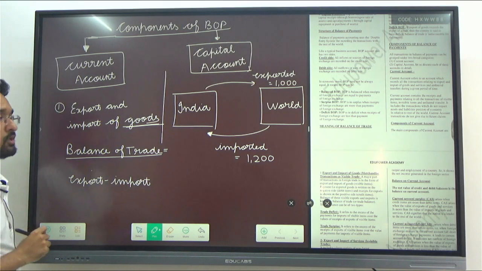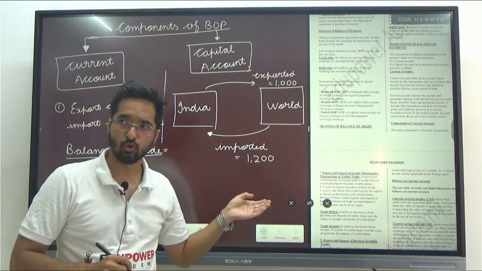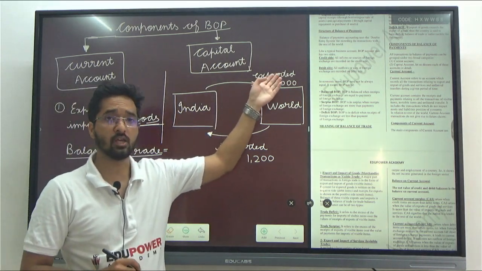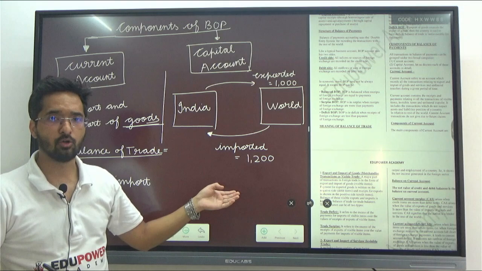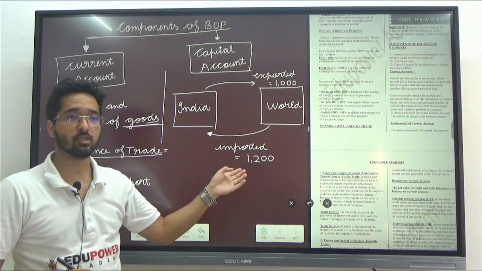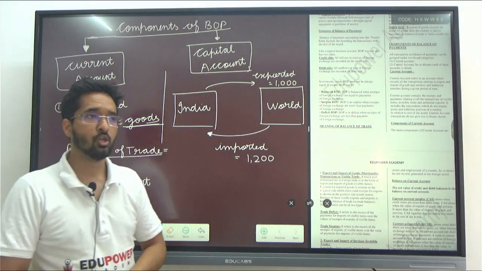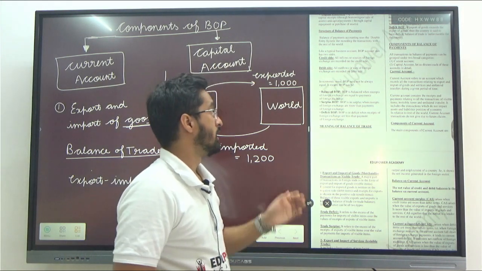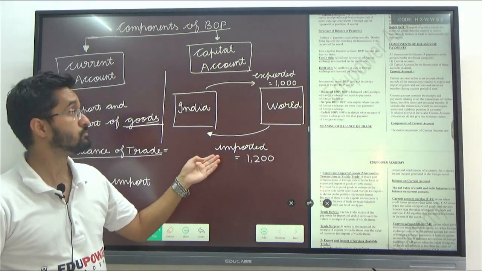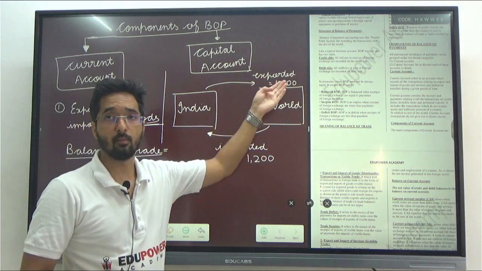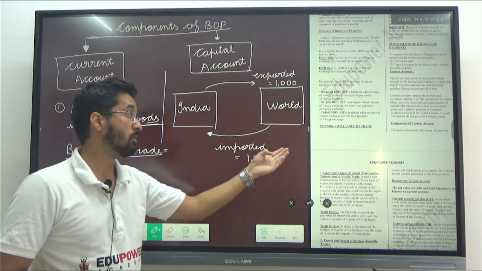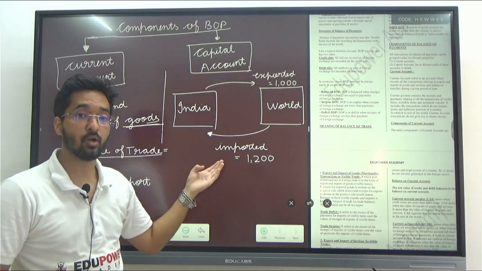Okay. So, here can you tell me what is the balance of trade? The balance of trade is amount exported minus amount imported, that is 1000 minus 1200, that is minus 200. So, all in all here India has lost money because export amount is only 1000, but import amount is 1200.